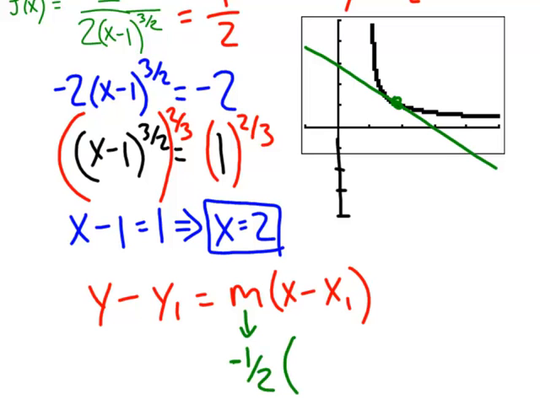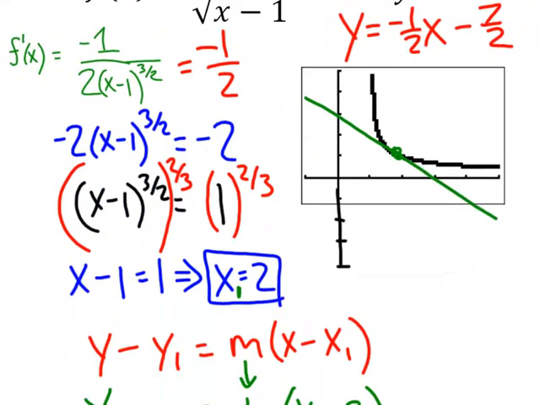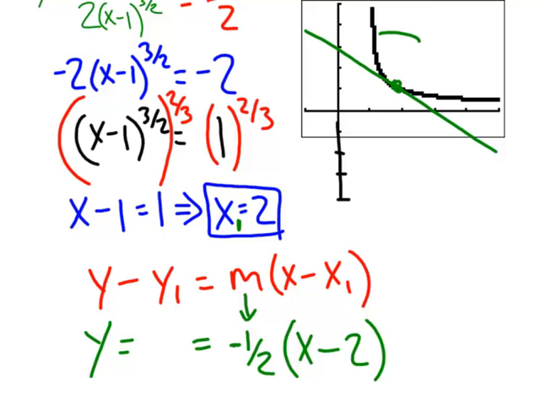We just determined that, and this is a little bit tricky. I really need to think of what we solved for here. That's really my x1 value, I should say. That's the specific point where the slope is negative 1/2. So don't plug that in for x. Plug that in for x sub 1. And what do I put for the y sub 1? Well, let's look at the original equation for this graph, which was f of x equals 1 over root x minus 1.